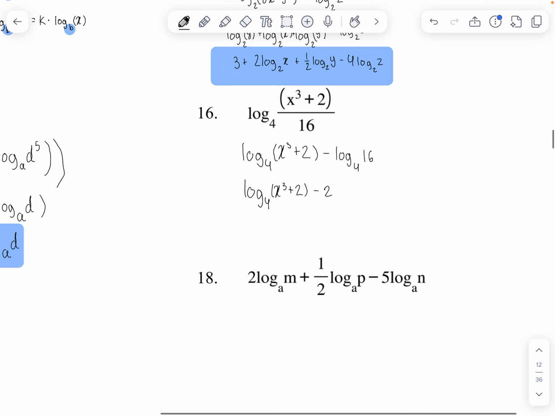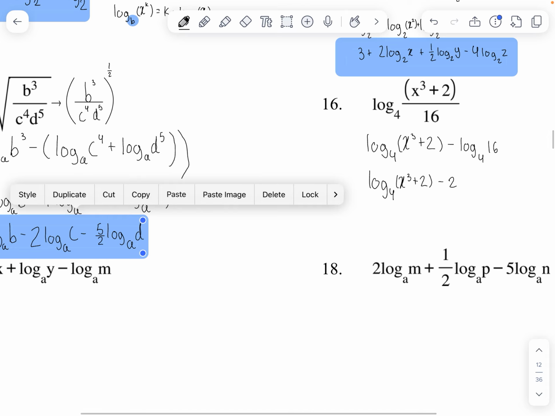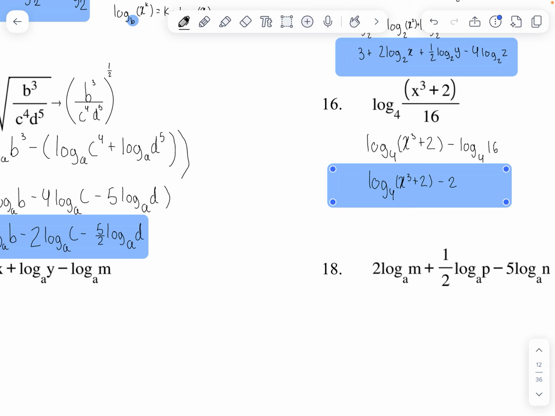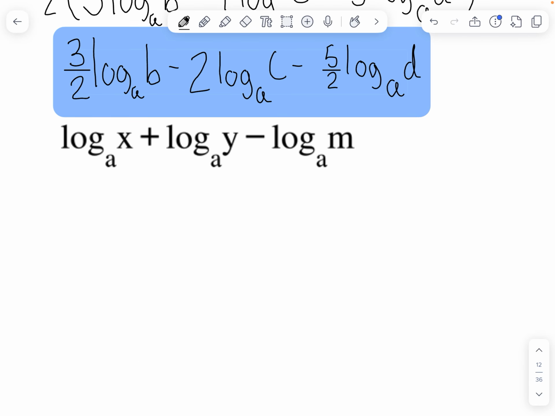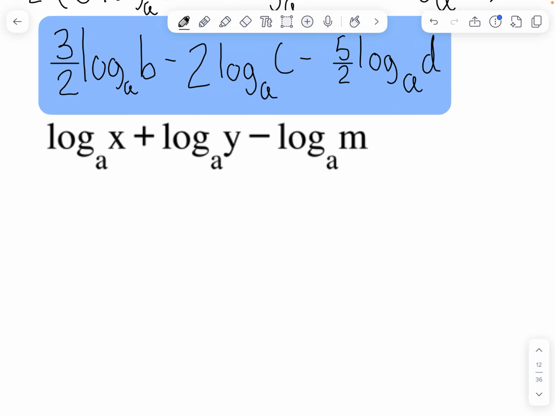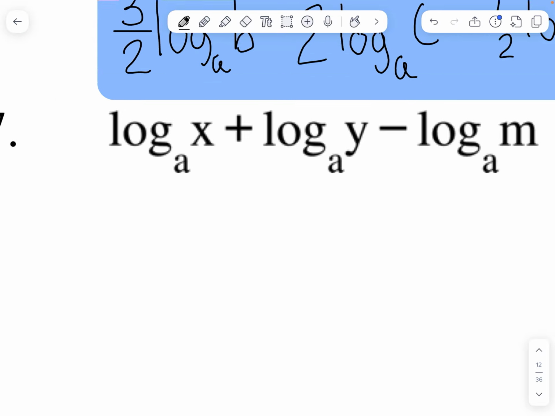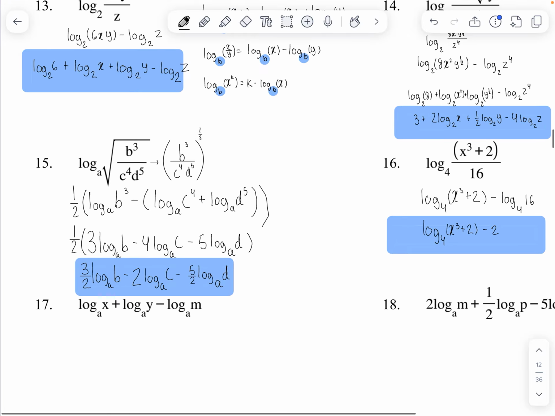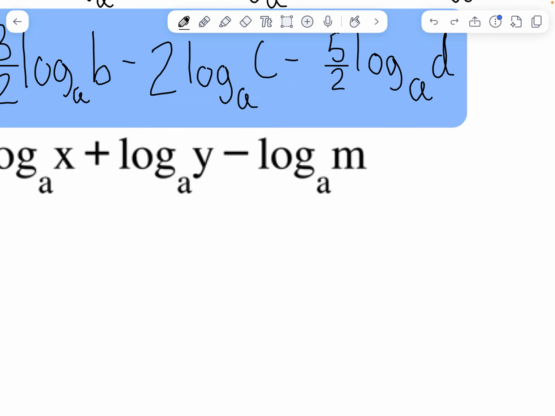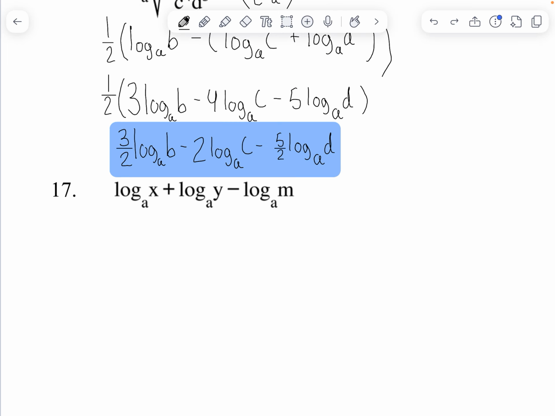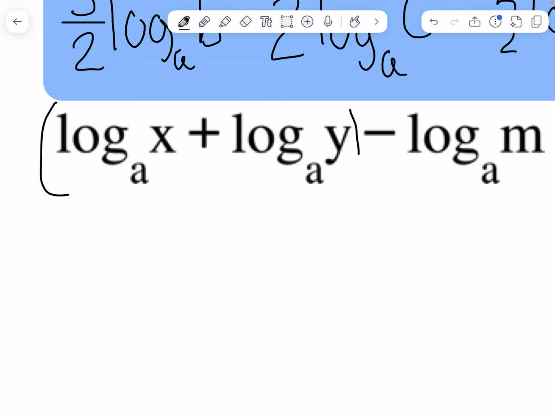Okay, on to the next question. So now we have to condense logarithms. So this logarithm is basically the same thing as before here. So, yeah, since these two are adding, this is one group and this is one group.